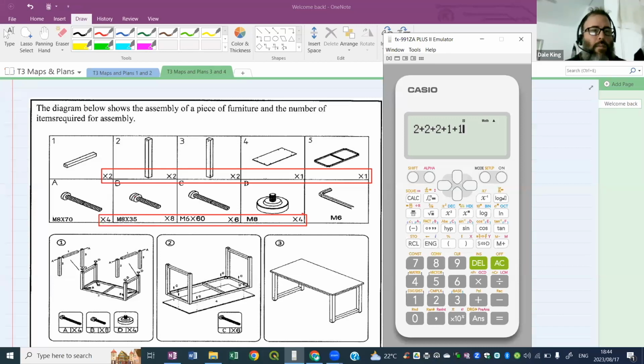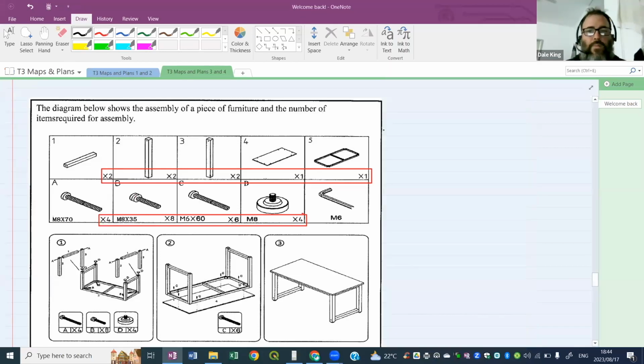You see, M is actually the diameter. It's just a mechanical letter used to show the diameter. It says M6 times 60.